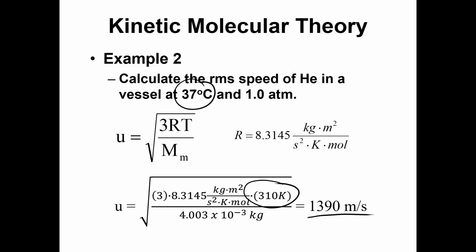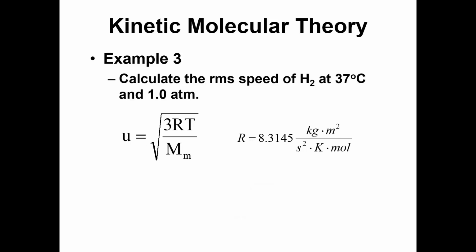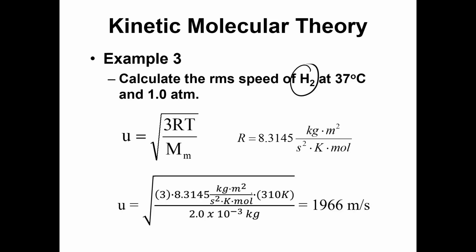Now if we keep these conditions but we replace the molecule with hydrogen, it has a much smaller molecular weight. So we expect that speed to go up, right? And that's exactly what happens. So the only thing that changes this time is the molecular weight. Instead of 4.0 times 10 to the minus 3 kilograms for helium, we are using 2.0. I've got to remember that hydrogen is diatomic, so it's not 1 gram per mole.